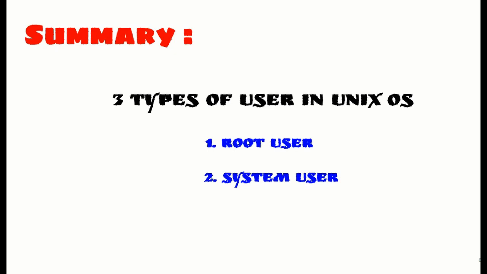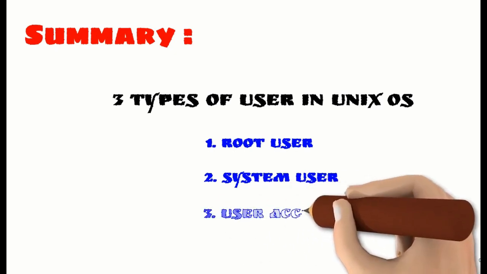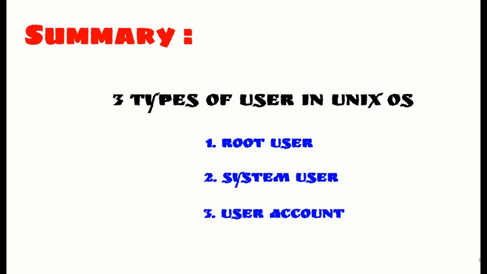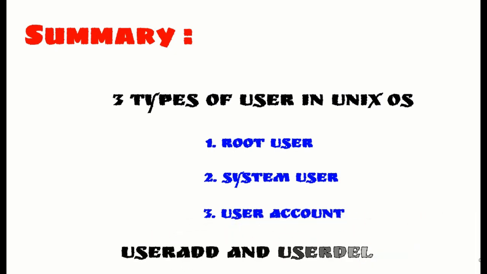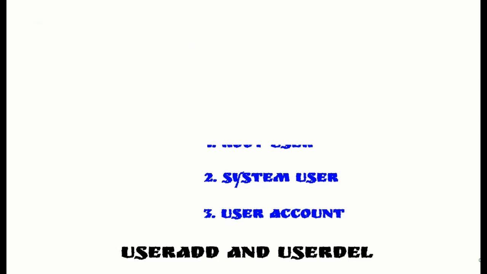They work in background and have user ID between 1 to 100. And third, user accounts. The normal users, just like you and I, have limited access or unrestricted access, which might be completely dependent on the root user. And lastly, we saw two commands: useradd to add a user and userdel to delete the user.